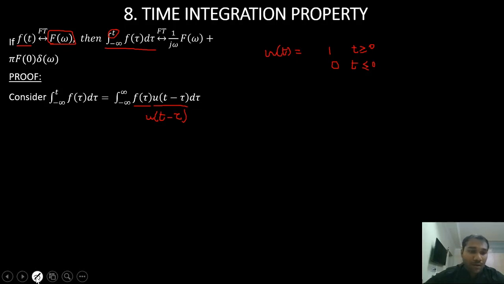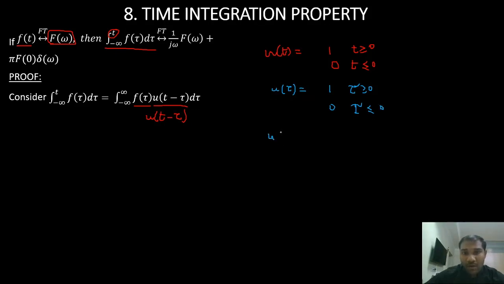Now I will write u of tau. It is 1 for tau greater than or equal to 0, 0 for tau less than 0. Right, this is u of tau.